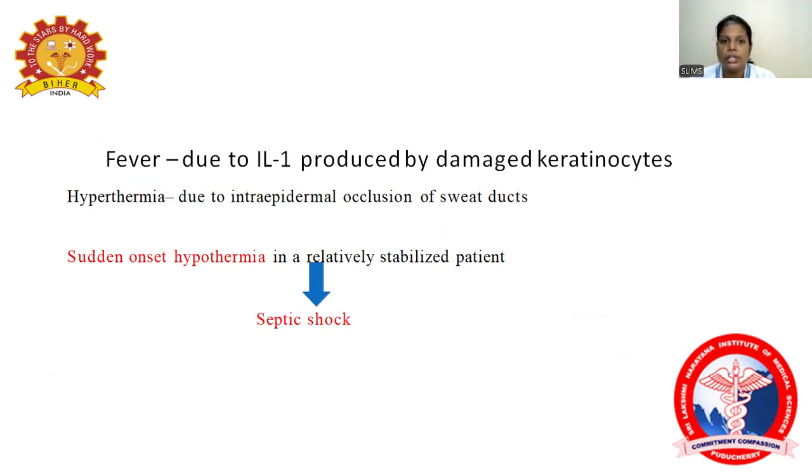Fever is due to interleukin 1 produced by damaged keratinocytes, hyperthermia due to intraepidermal occlusion of the sweat ducts, and also secondary infection. Sudden onset hypothermia in a relatively stabilized patient can result in septic shock. Sepsis is one of the fatal conditions in erythroderma and the most common complication.